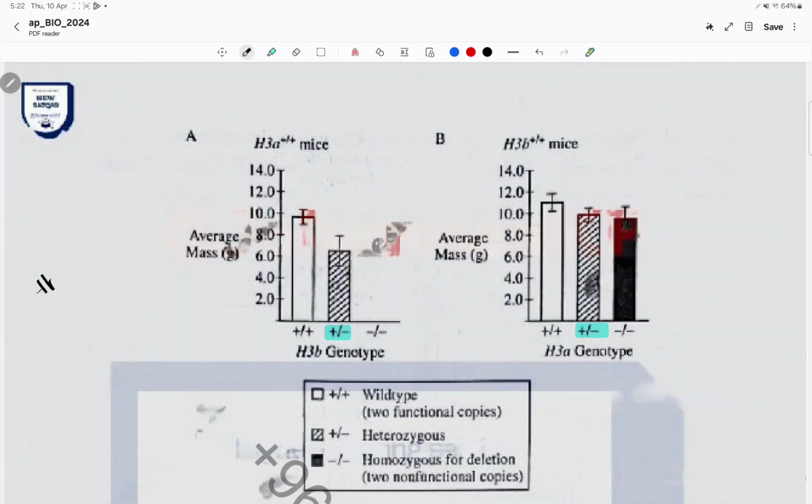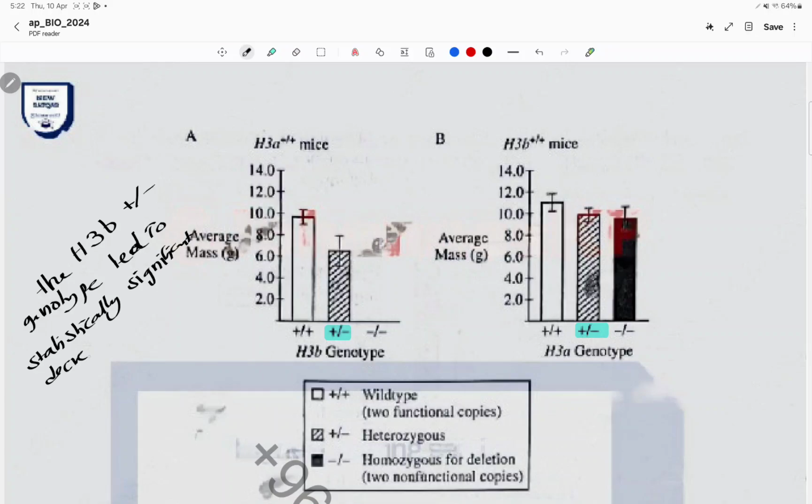So the H3B plus minus genotype led to a statistically significant decrease in average mass of mice. I'm going to say compared to the wild type, right?